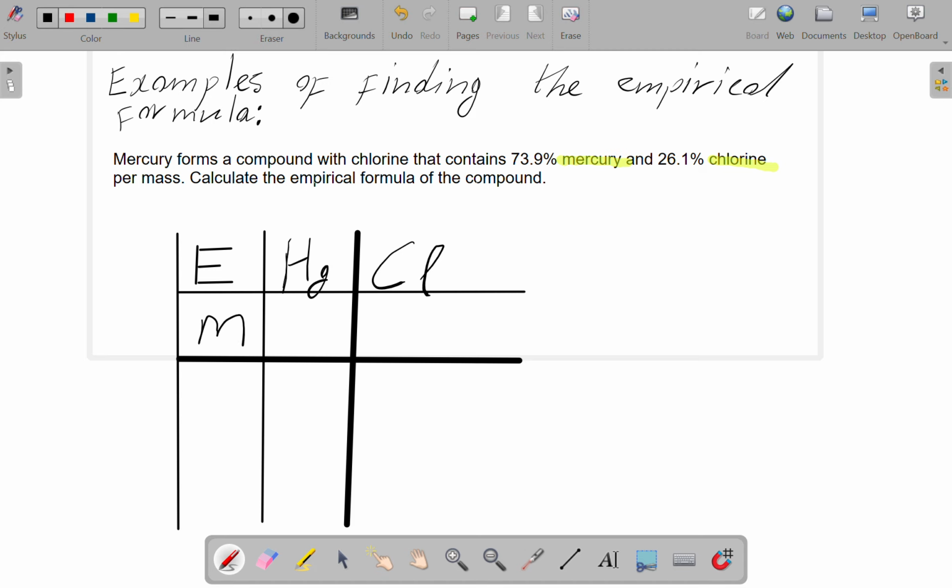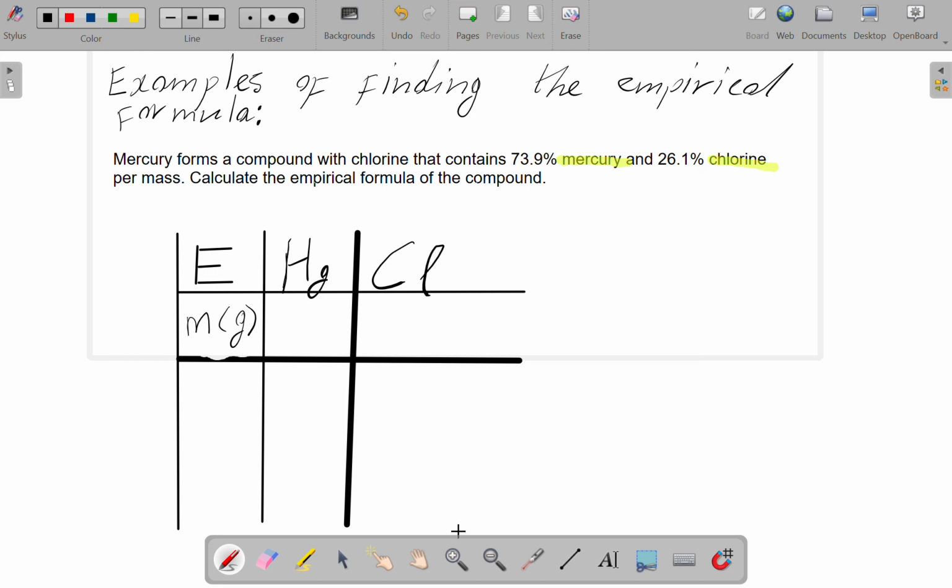So I'll write a small m here, not too big. I'm going to write my m there for mass, and mass is obviously measured in grams, so I'm going to write the unit there.